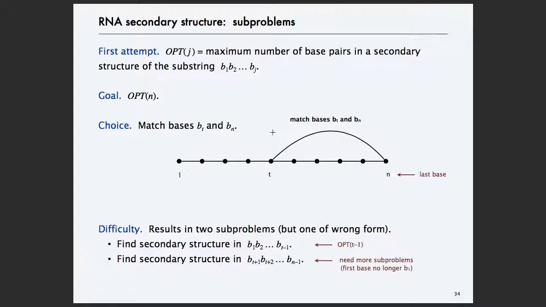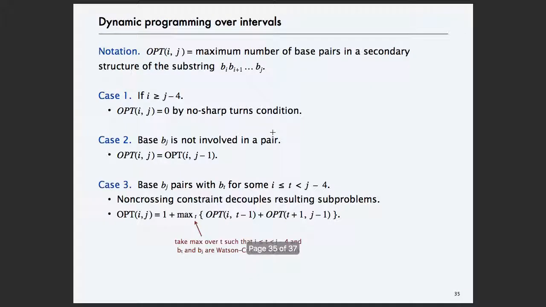I don't get the right shape of the problem. So the way that we can cheat is use intervals, and so have the substring also start at a different place.